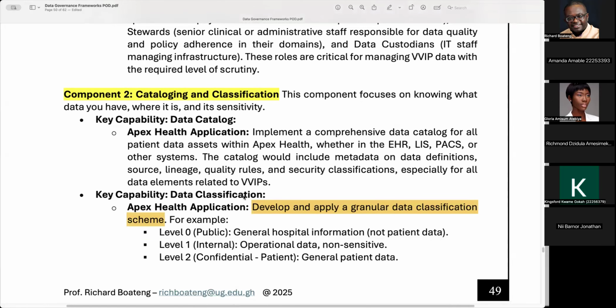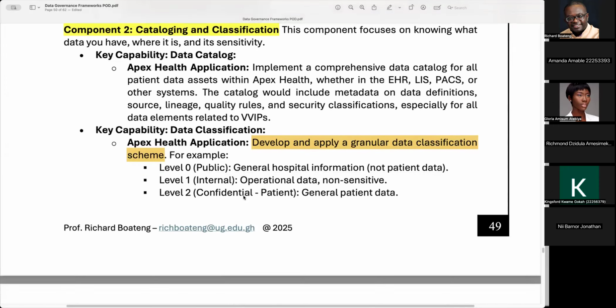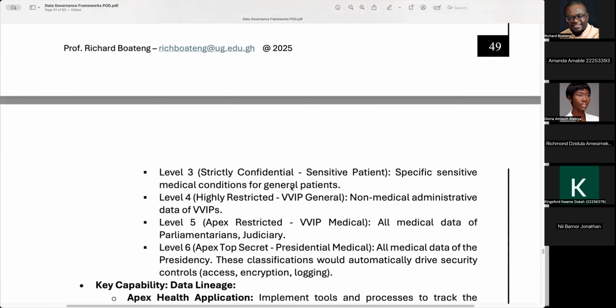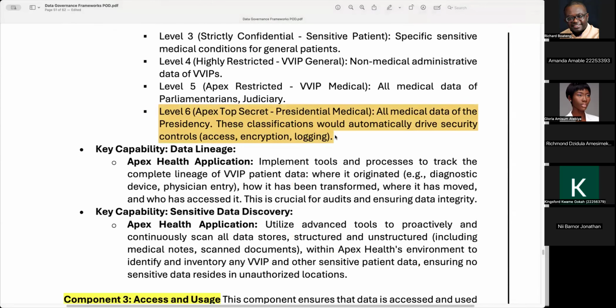The data classification capability involves defining and consistently applying a granular classification scheme, perhaps with multiple levels, including designations like Level 6, Apex Top Secret Presidential Medical, which then automatically drives the required security controls, access rules, encryption levels, retention periods. Data lineage capabilities must allow tracing the complete history of VVIP data elements.